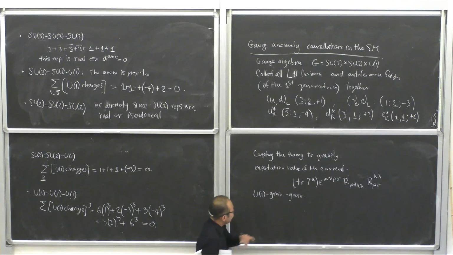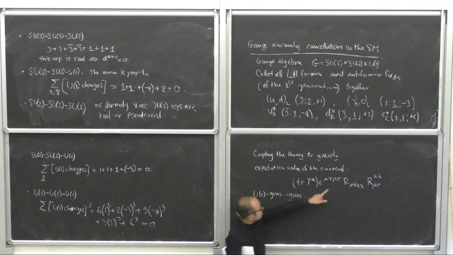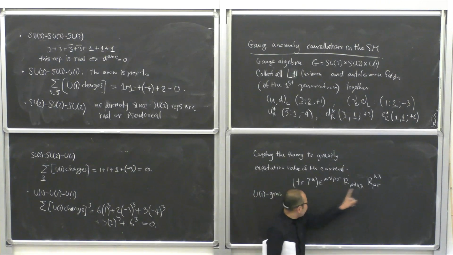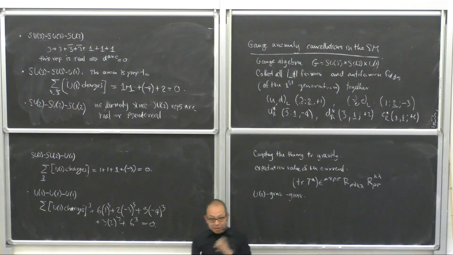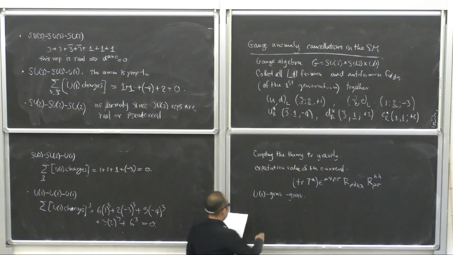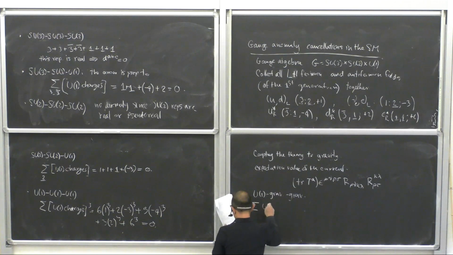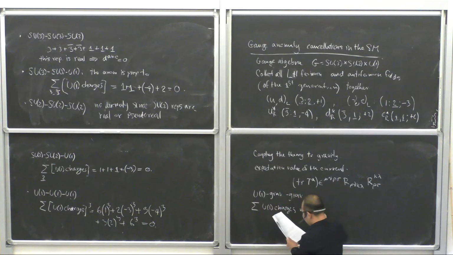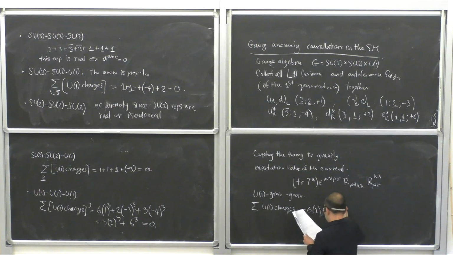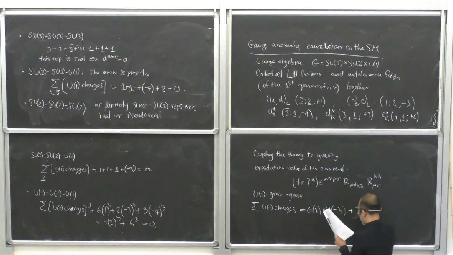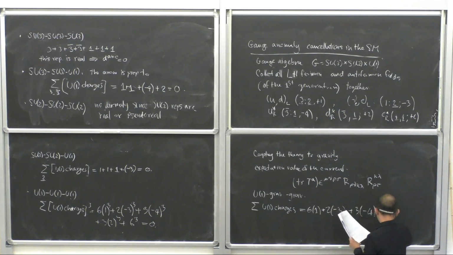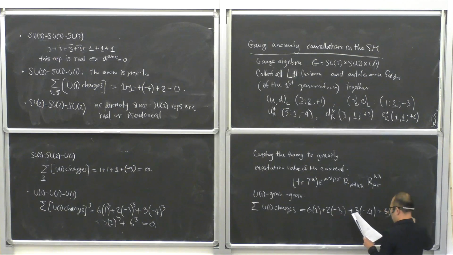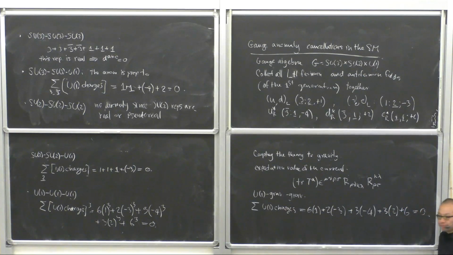Look at my notation: U1 is here, this is gravity, this is gravity. So you just sum over U1 charges. And indeed, you will see that there's another non-trivial cancellation. This is 0.